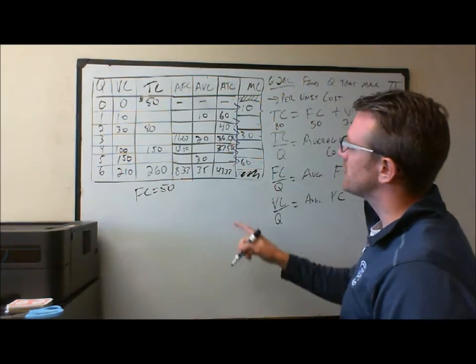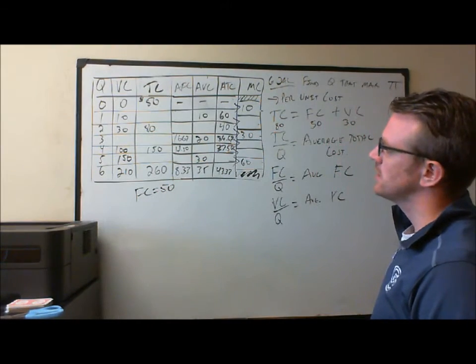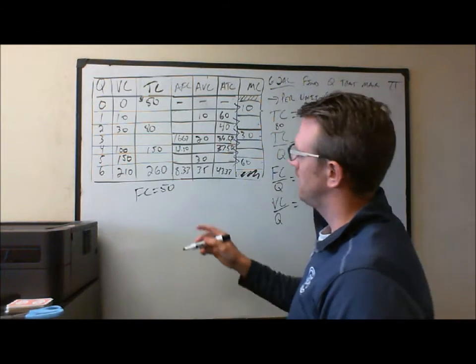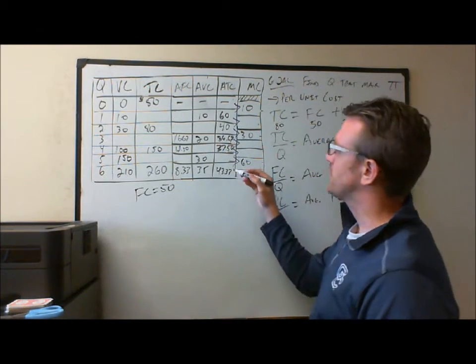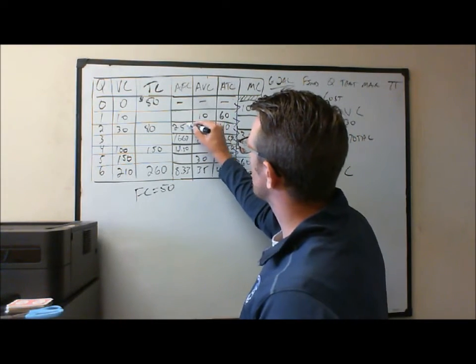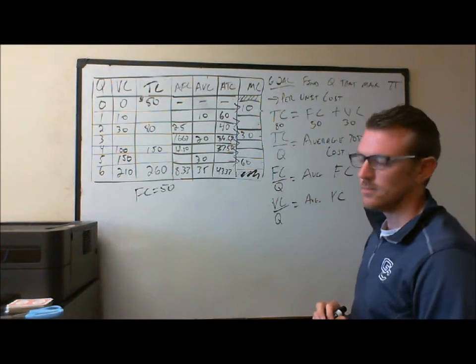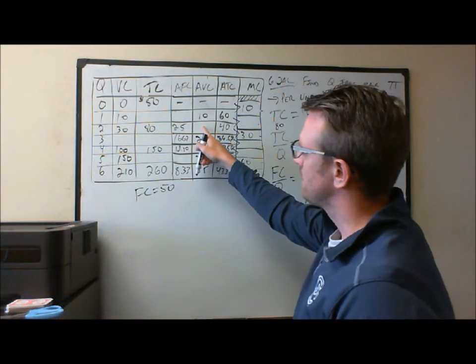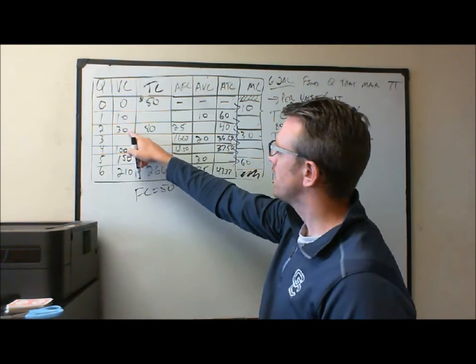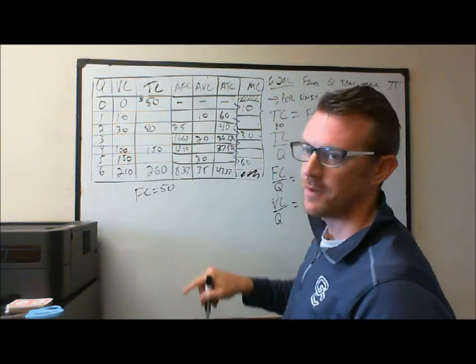So with that information, can you figure out what average fixed cost is? Yeah. I take 50 divided by 2. Average fixed cost is going to be 25. There are 2 ways to solve for average variable cost. We could take 30 and divide by 2. That'd be 15.